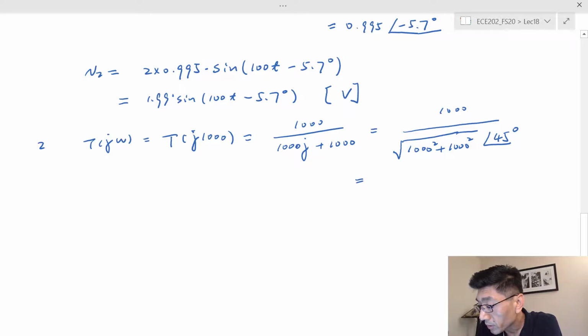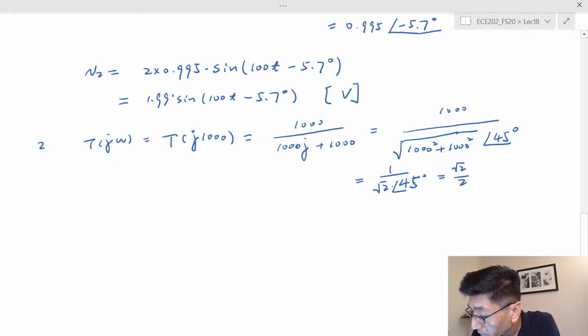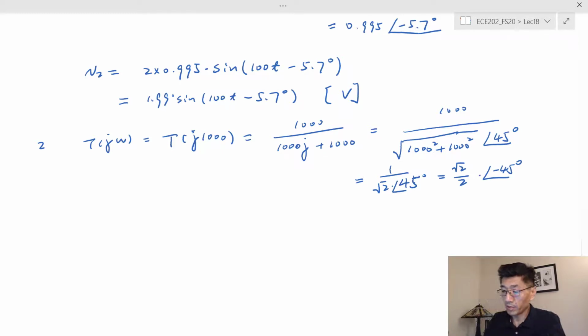So we get 1 over square root 2 with a phase angle of negative 45 degrees. This is the polar form of the T(j omega) function.